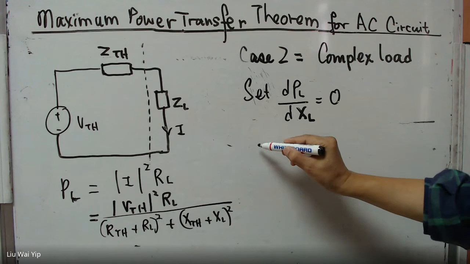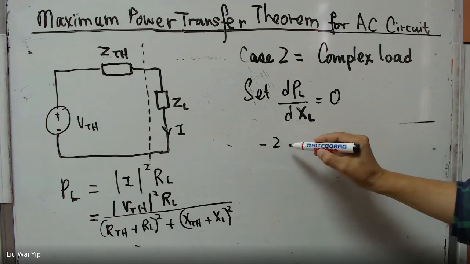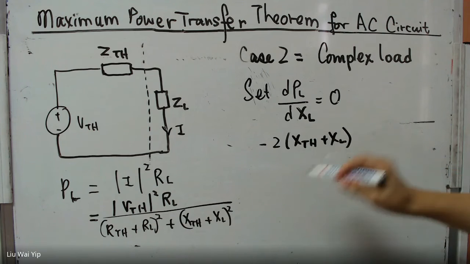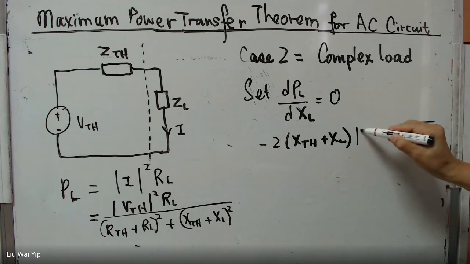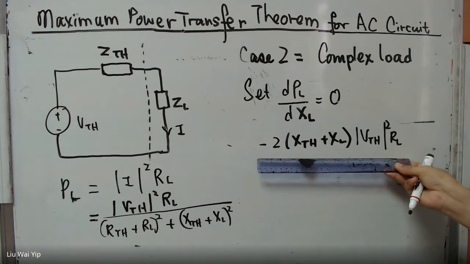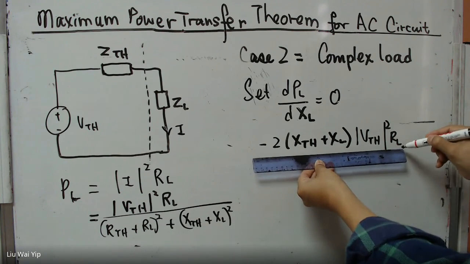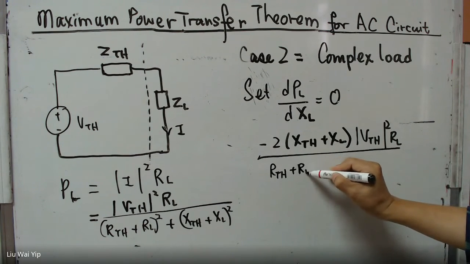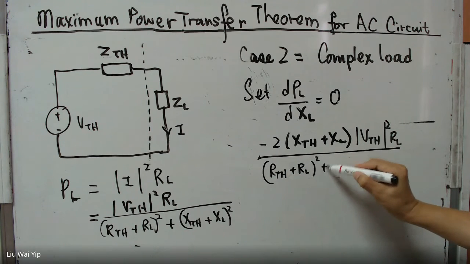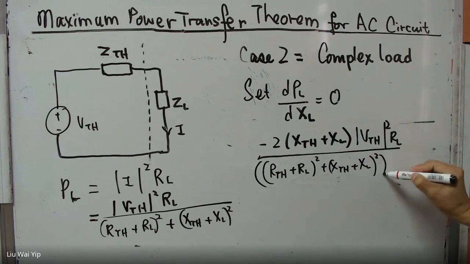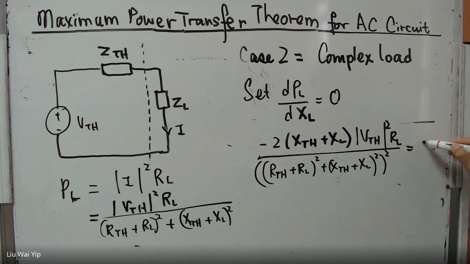And what we can get is 2R, and then the square of the bottom expression. And this one is totally equal to 0.